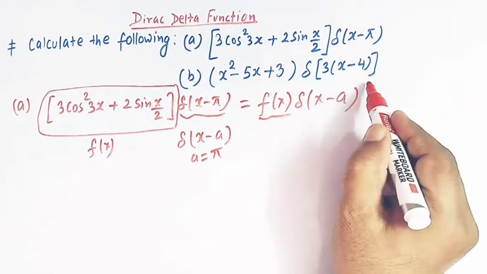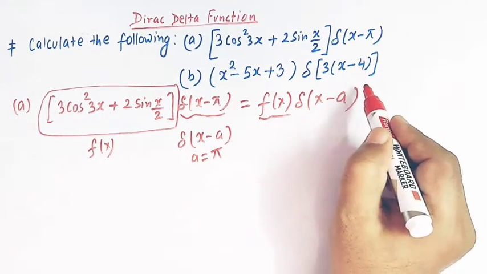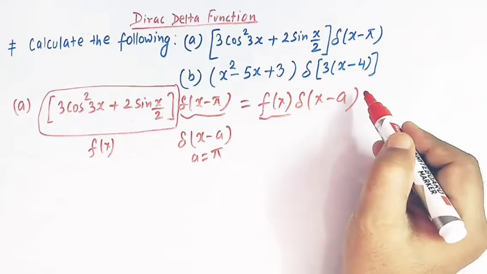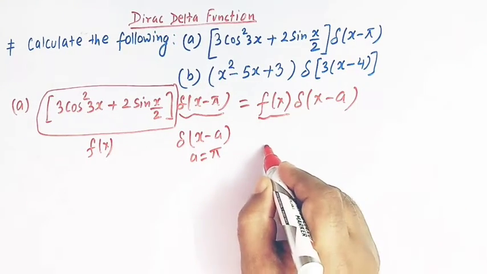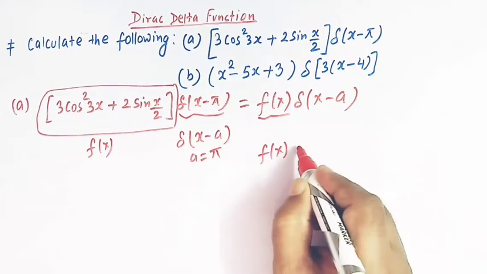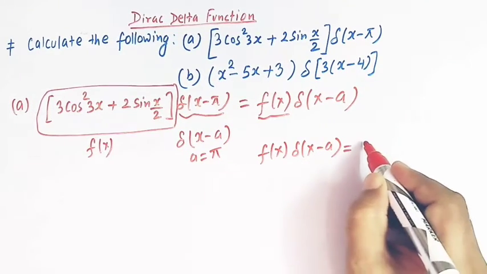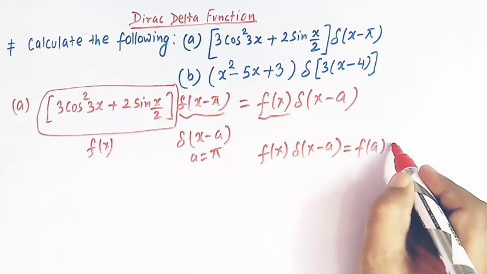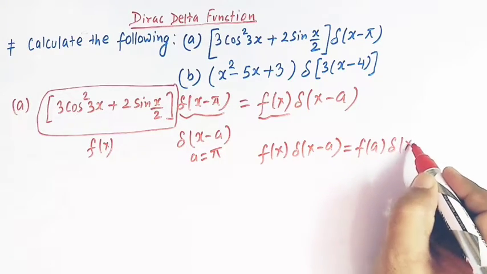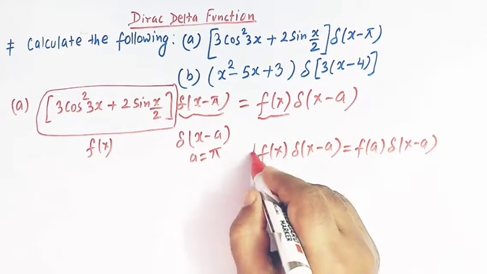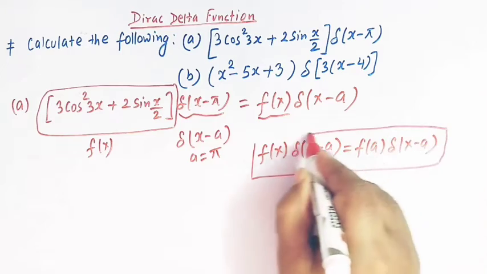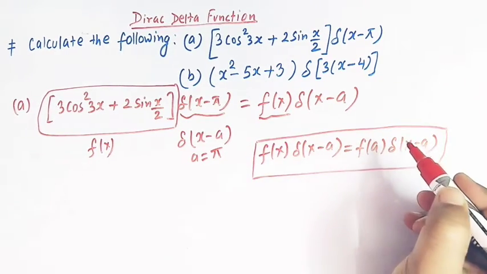So now we know an important relation in the Dirac delta function, and the relation is f of x delta of x minus a is equal to f of a times delta of x minus a, right? So this is an important relation in the Dirac delta function.